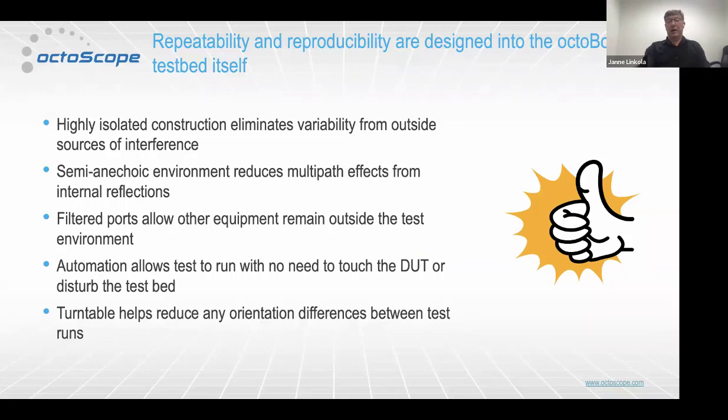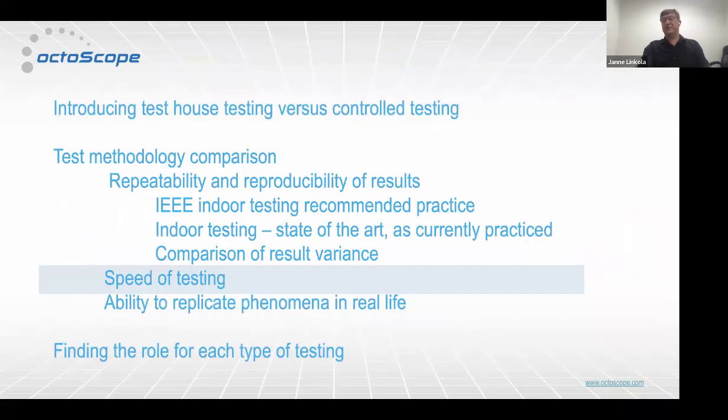So because the repeatability is built into the environment, it's not a surprise that you do get repeatable results. All right, so that was sort of the repeatability lens. Let's look at some aspects related to speed of testing.